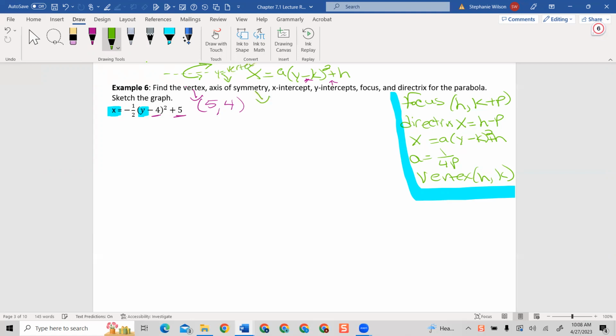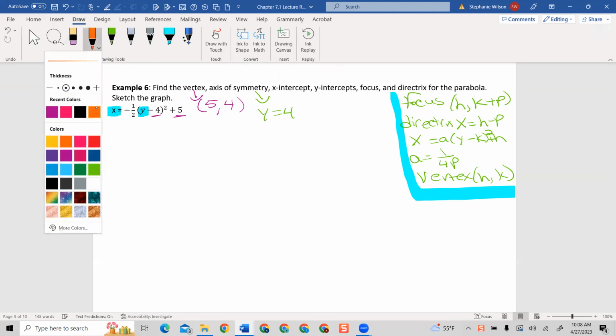So my axis of symmetry here is going to be y equals 4. All right, I'm going to clean this up. I'm going to go ahead and erase this so I don't have a lot of writing on the screen. Now let's do our next part.